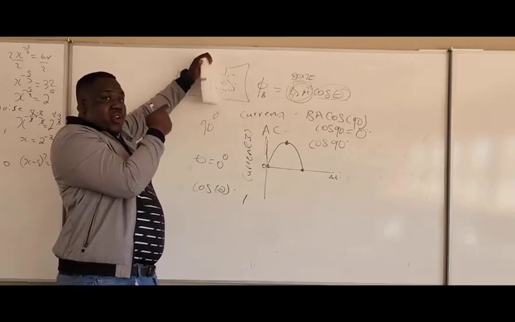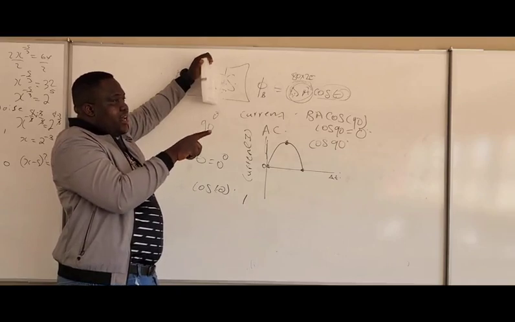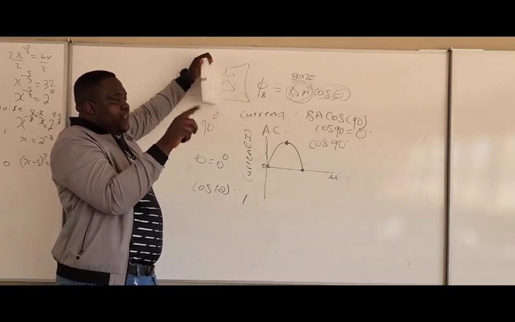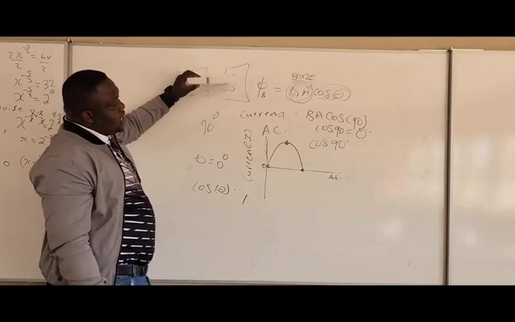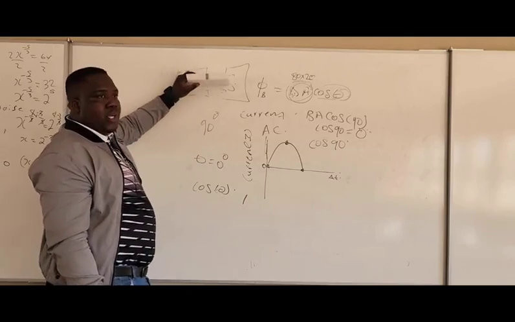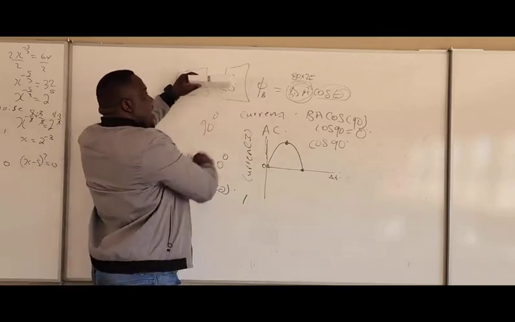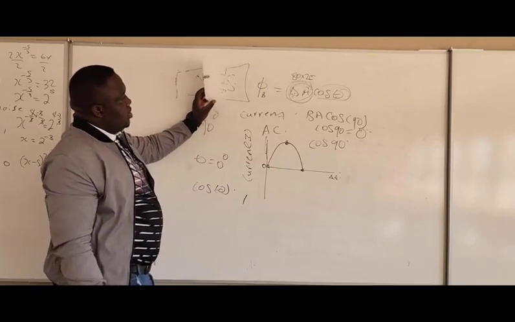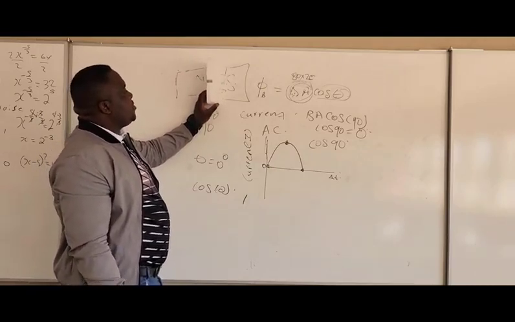Then the normal line of the coil becomes parallel to the magnetic field line, giving us an angle between the magnetic field line and the normal line of 0. It turned like this. It went back to 90 degrees, I mean the angle.